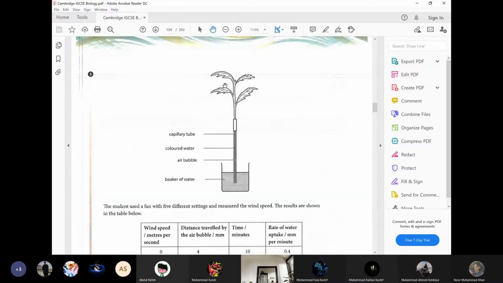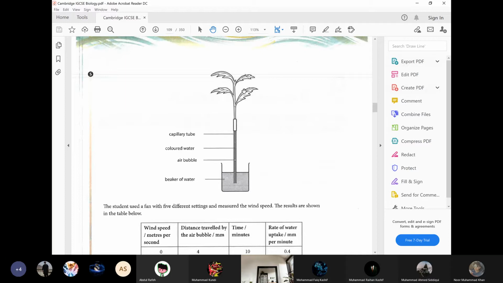Now, boys, you can see that this is a shoot with leaves. This is the capillary tube. You may have learned about the capillary tube in chemistry and physics. It is a very thin glass tube, and if you put it into a liquid, the liquid rises in it. Then there is colored water from the beaker in it, and there is a bubble in it.